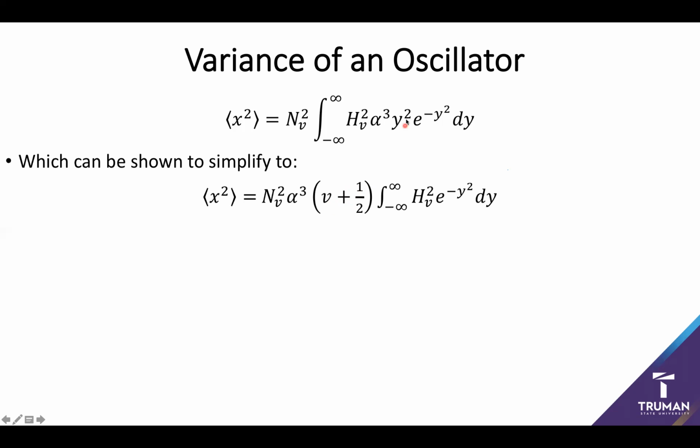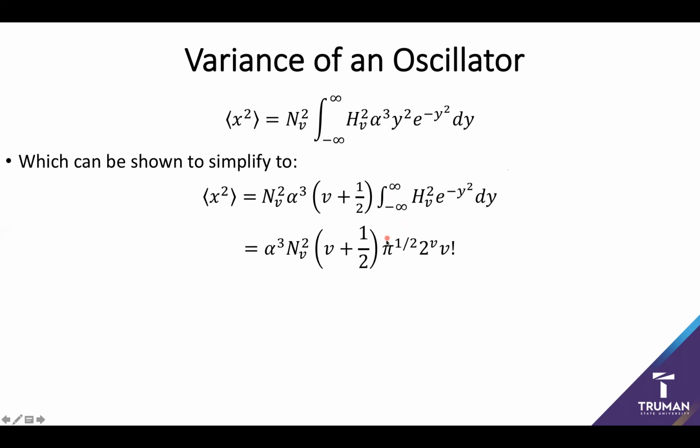If you'd like to see how y squared becomes v plus 1/2, I recommend you see your book. It's a rather long proof, and I want to keep us moving on track, despite all my tendency toward tangents. However, driving this y squared to a numerical value gives us actually a big advantage, because it turns out we actually already know how to solve this system. It turns out we did this while normalizing our function.